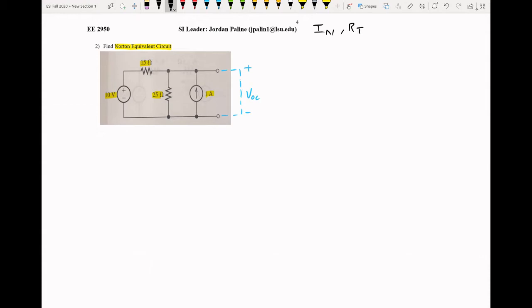Okay, so let's go through our steps. Step one, are there any dependent sources? No. I don't see any diamonds, so we're good there. Step number two is we will now zero out our sources.